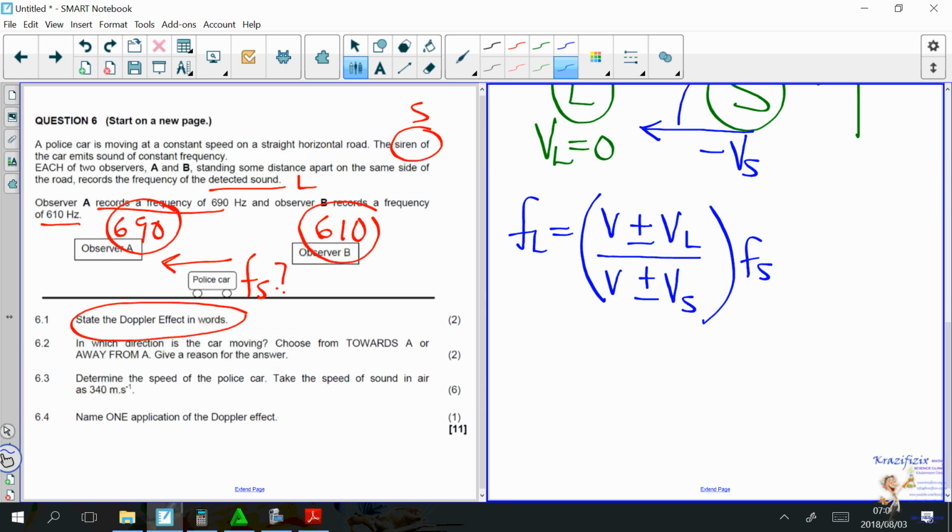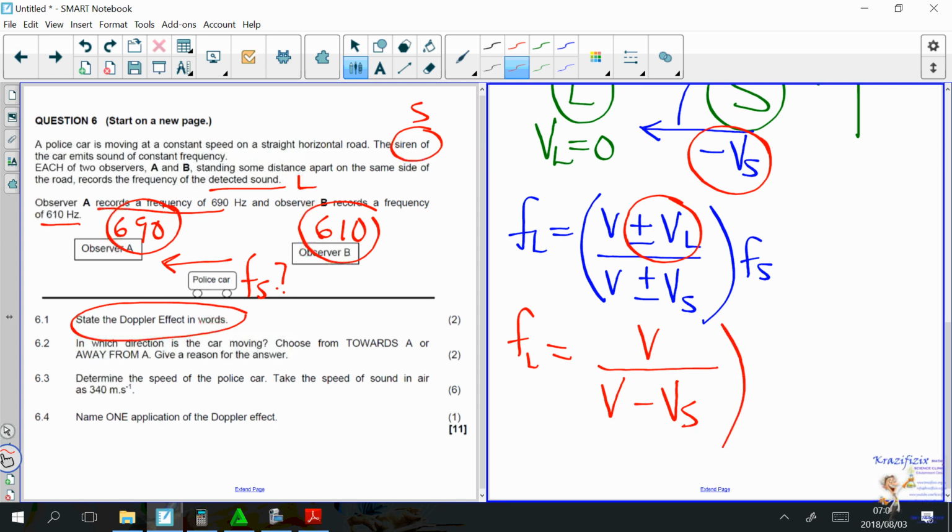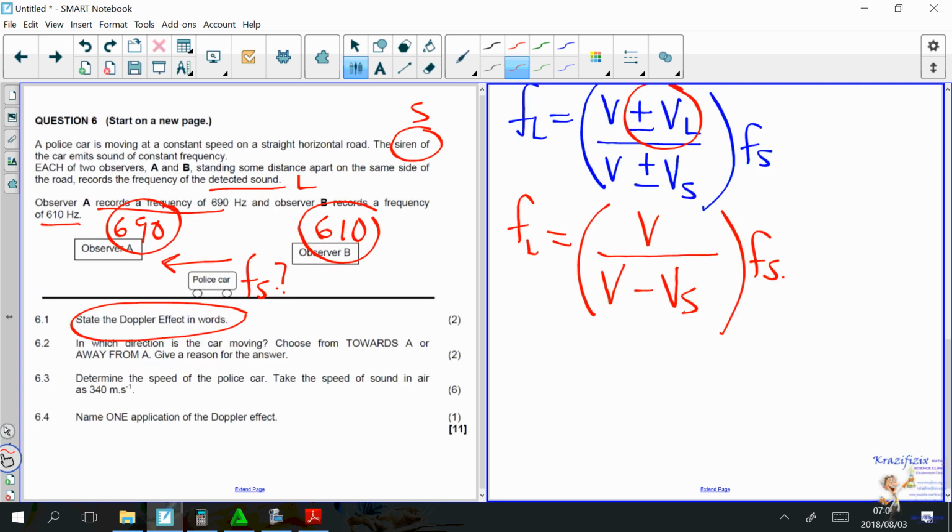To make life easy, the one that is stationary can simply be omitted because it's 0. So my calculating formula can be written this way: V over V minus VS, multiplied by FS. Oh, we have everything we need.